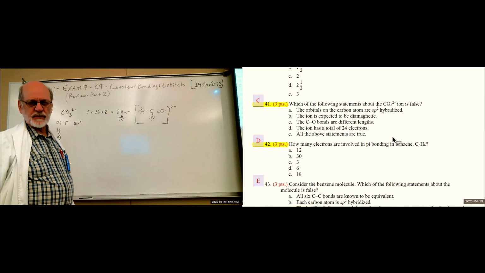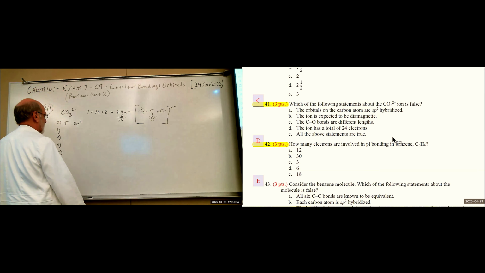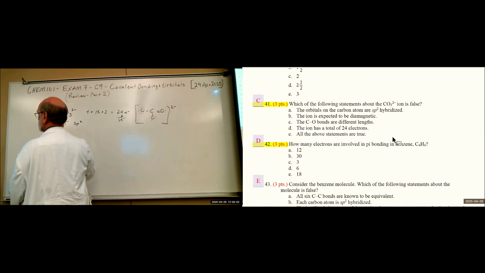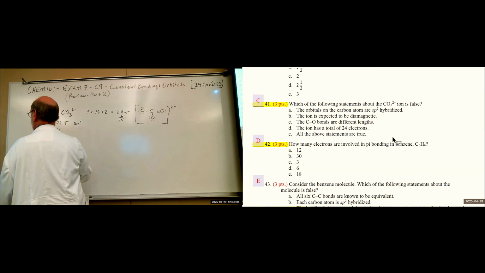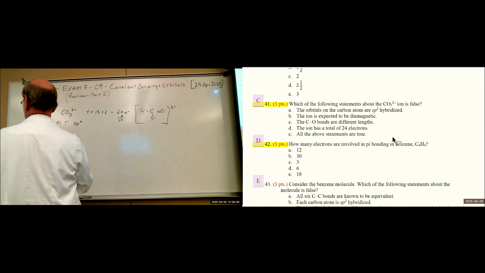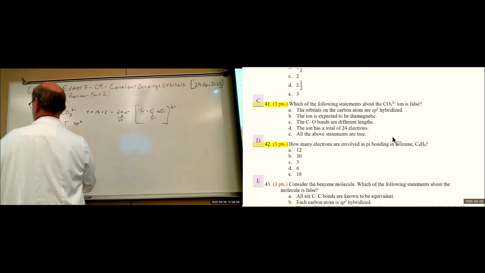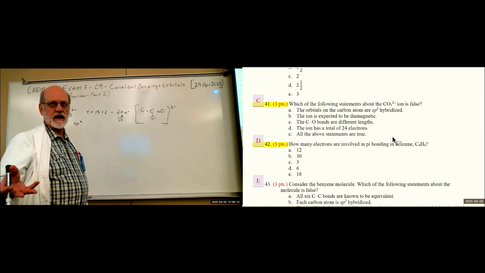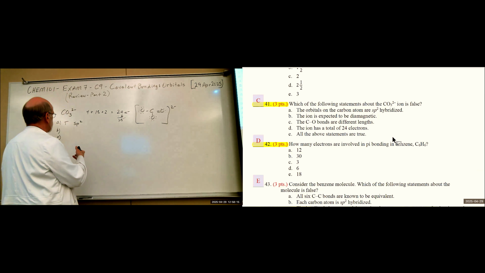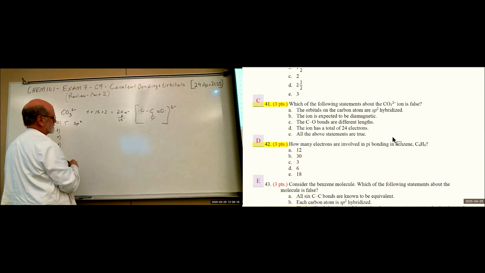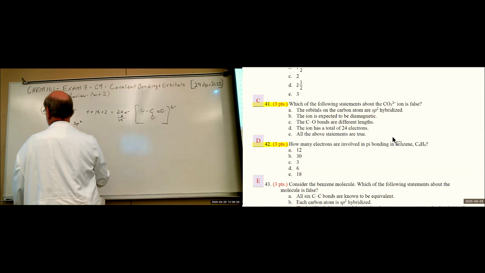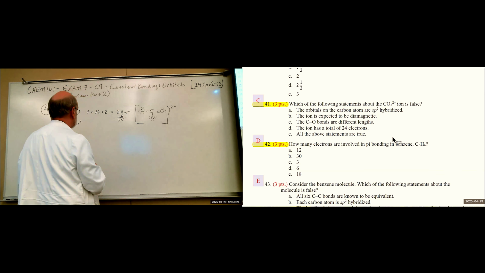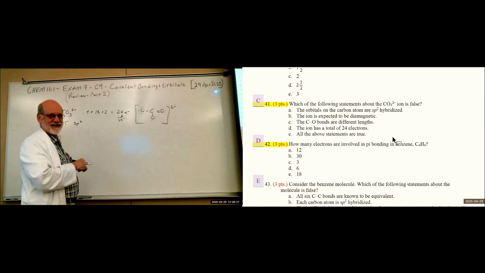B, the ion is expected to be diamagnetic. So we've got to draw out the carbon and oxygen. Should we have mixing? Carbon monoxide had mixing with carbon and oxygen. But here we have 3 oxygens, so I'm gonna propose that there's no mixing, because it's 3 against 1.